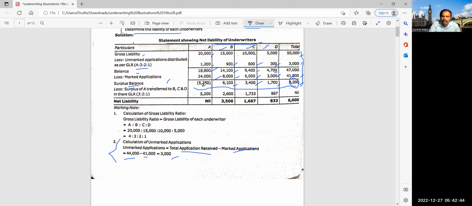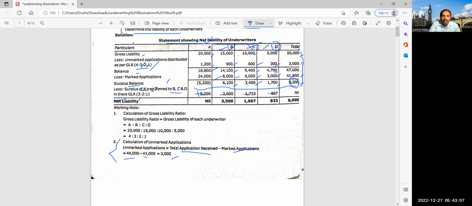Now this minus, what you should do? Plus, right? Here it is minus. What is this? Surplus of A to be distributed to B, C, D, in which ratio? 3 is to 2 is to 1. Surplus of A transferred to B, C, and D in 3 is to 2 is to 1.